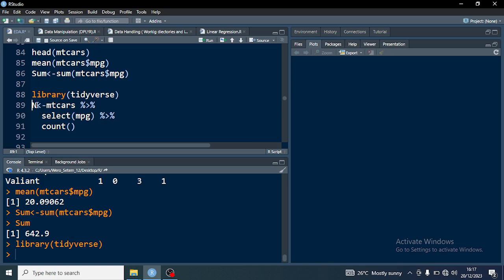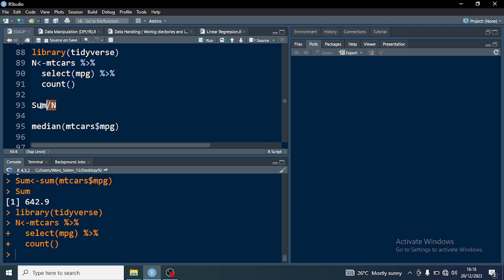I'm creating a count called n, and I'm saying mtcars, then the pipe operator, which is Control Shift M. What does this mean? It's like saying "and then." So mtcars, and then select. What do I want to select? I want to select MPG and then find the count of MPG. So run that.